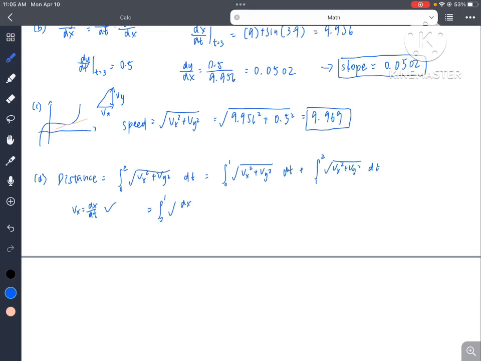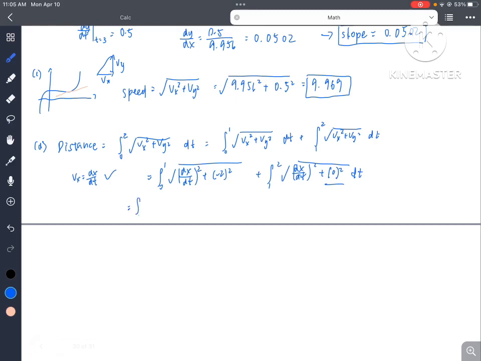So it's the integral from 0 to 1 of the square root of dx over dt squared plus -2 squared, plus the integral from 1 to 2 of the square root of dx over dt squared plus 0 squared, which, because this is 0, is equivalent to the square root of dx over dt squared plus 4 with respect to t, plus the integral from 1 to 2 of dx over dt. So we can put this in your graphing calculator.